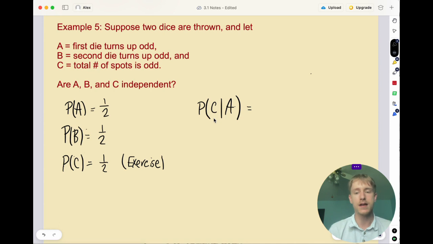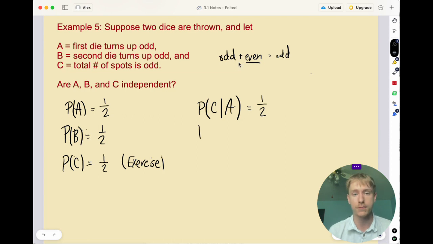The probability of getting an odd sum, given that the first die is odd: the only way I'm going to get an odd number is if the second die roll is even, and that can occur in 3 of 6 ways. So this conditional probability is actually 1/2.